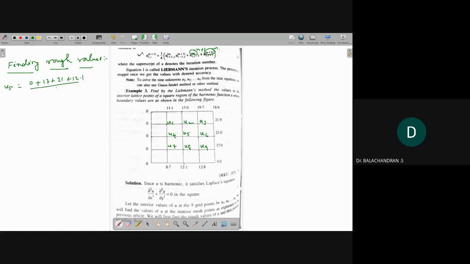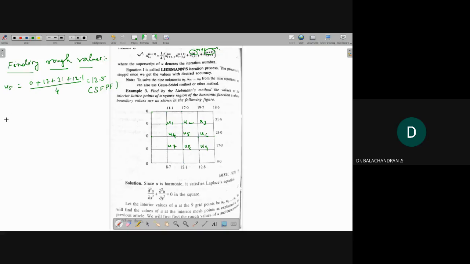Take the calculator and tell the value quickly. I think 12.5. Here you can write you are using the standard 5-point formula.